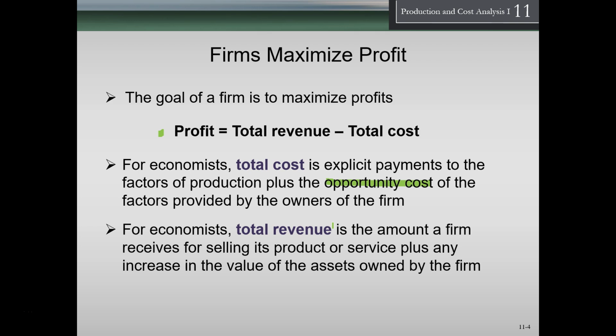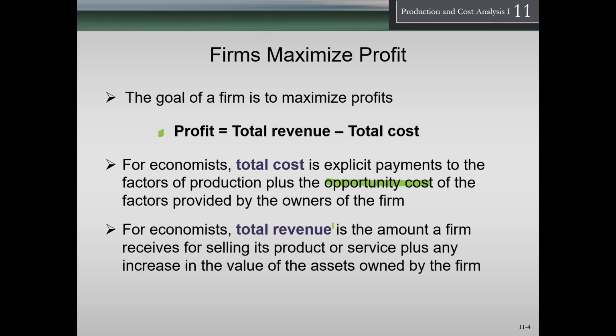But if we took our example of a student going to school versus working, the opportunity cost being working or going to the beach during the time when they're at school, that's the opportunity cost. On the other side, if we just took a look at the revenue, how much added revenue would be there in the future due to work, less the cost of college, we might add in on the revenue side if we enjoy the job better.